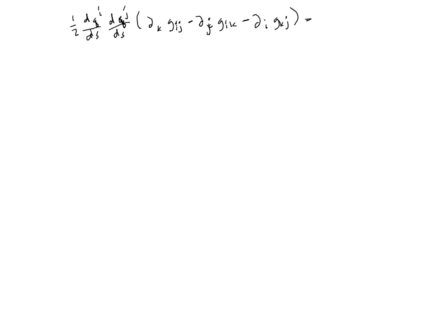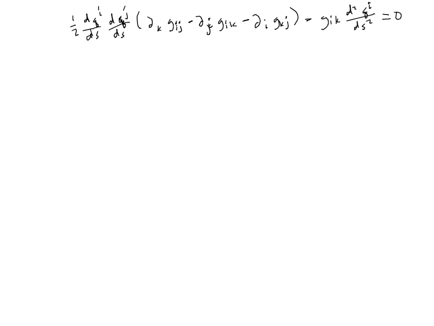So what we have now is 1/2 dq^i/ds times dq^j/ds times a derivative of the metric, minus another derivative of the metric, this would be j, minus another derivative of the metric, minus g_ik times the second derivative of q with respect to s squared, equals 0.